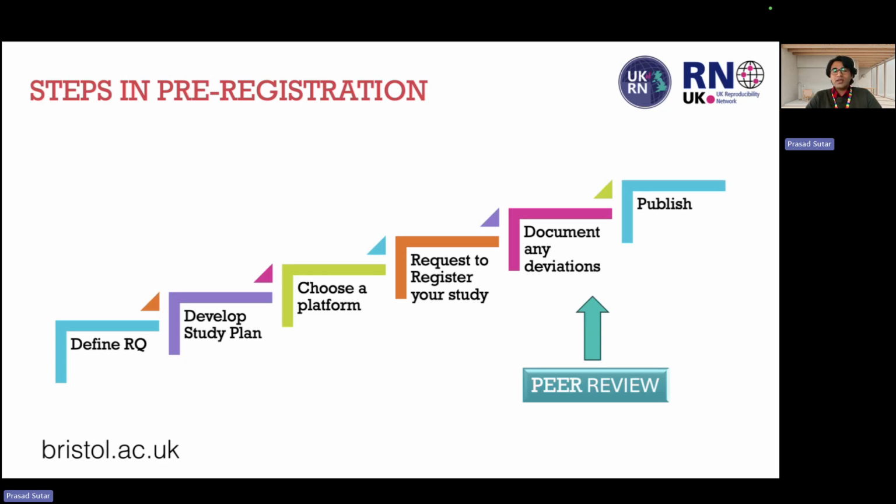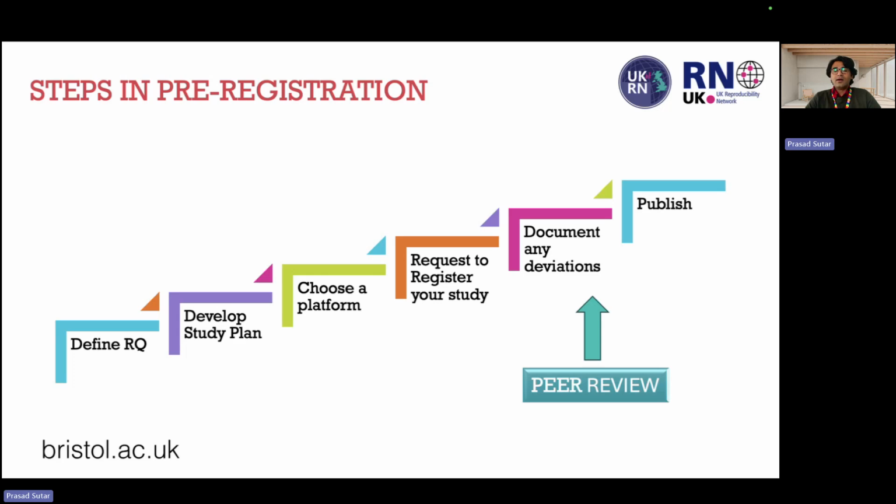Once you have registered your study plan on one of those platforms, it will get time stamped, which means that anyone who is looking to do a similar kind of study will be able to see that such and such study has been time stamped on an open research platform, and it's a good reference point for everyone who is going to do a similar kind of study.